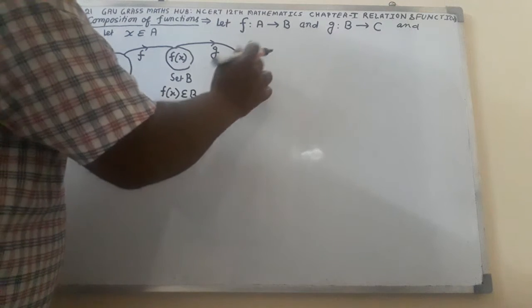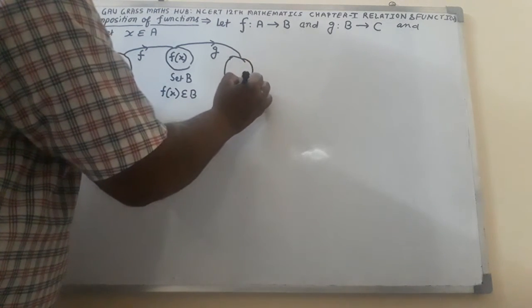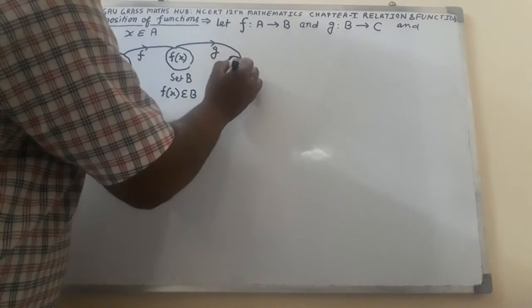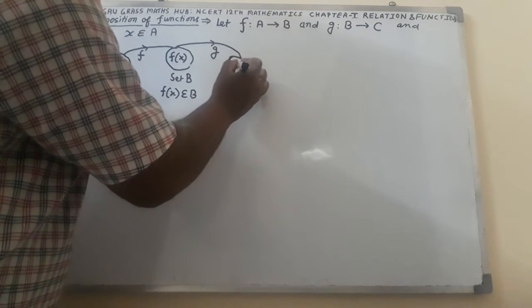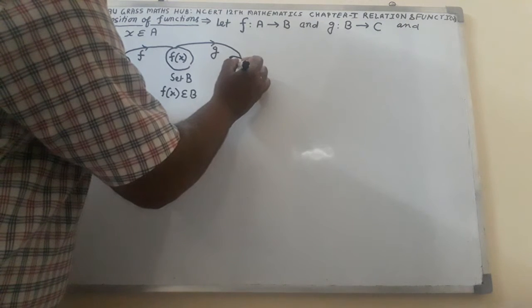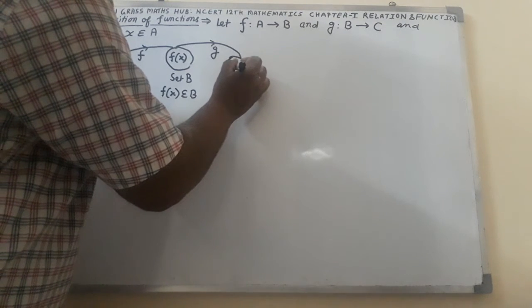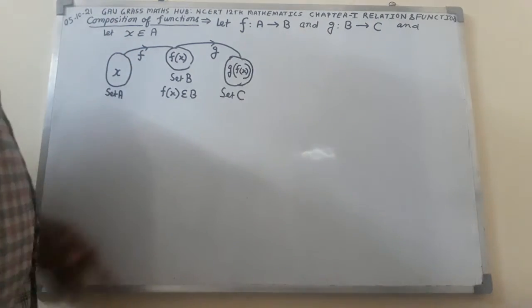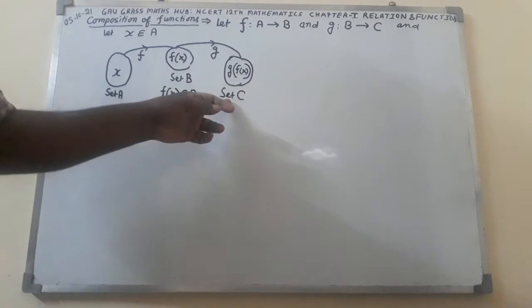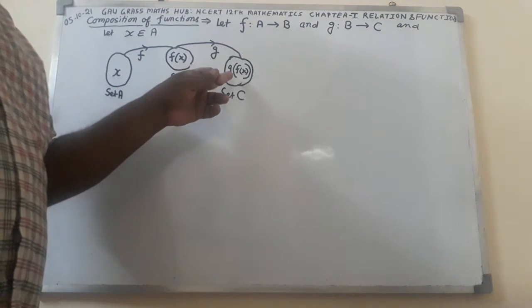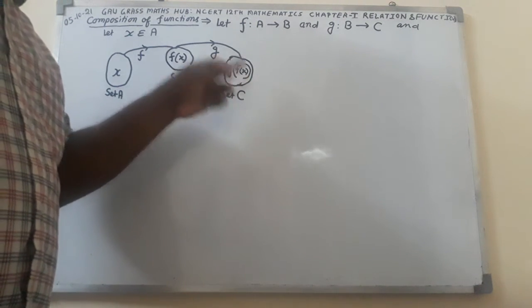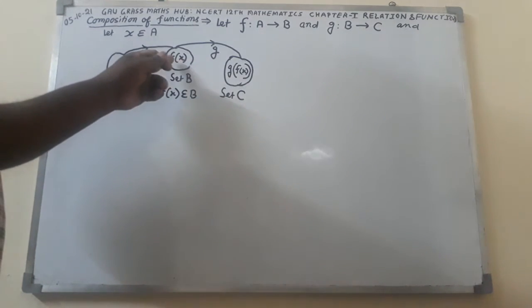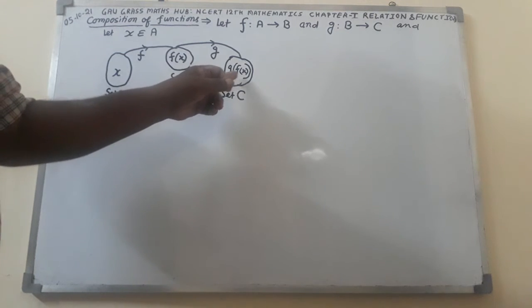So set C will consist of the element g of f of x. After that, in circle brackets, f of x.